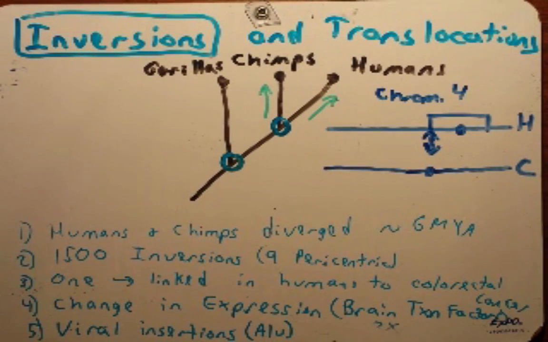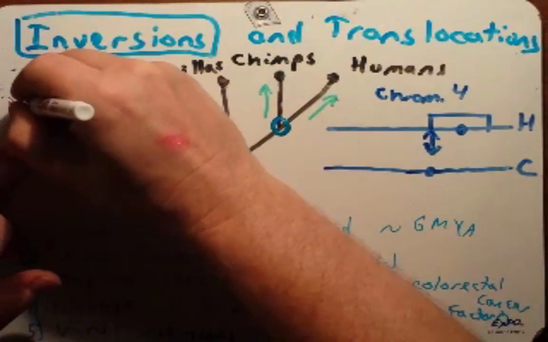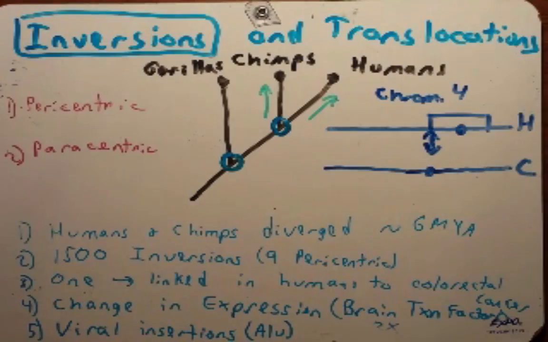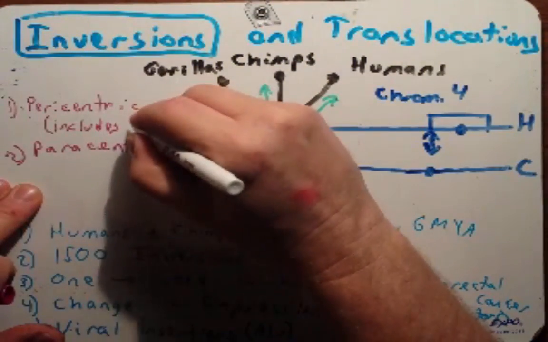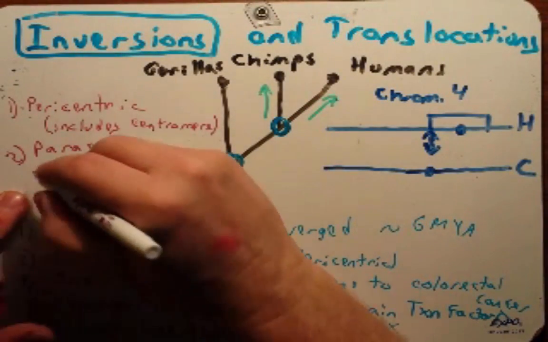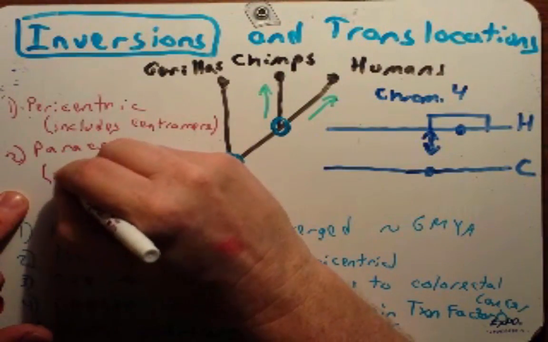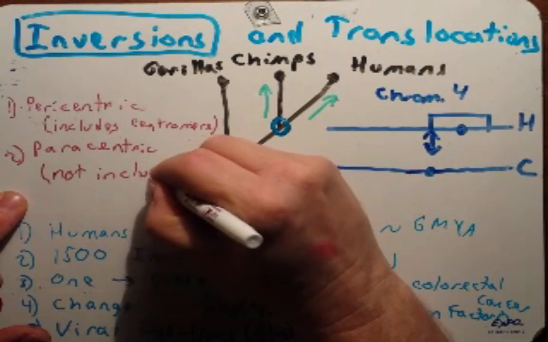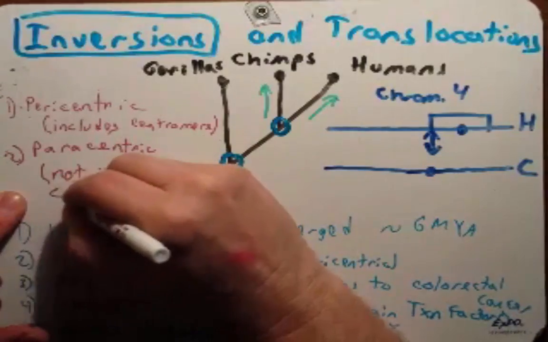Two terms that we should mention real quick here, and then we're going to be done with inversions, is the term pericentric versus paracentric. Pericentric is an example like we see here. It includes the centromere. Paracentric does not include the centromere. The inversion does not include the centromere.